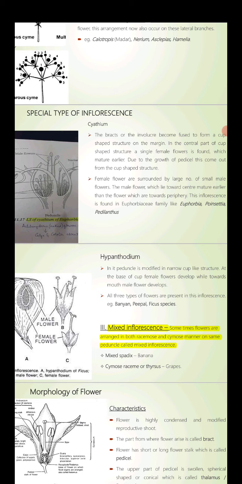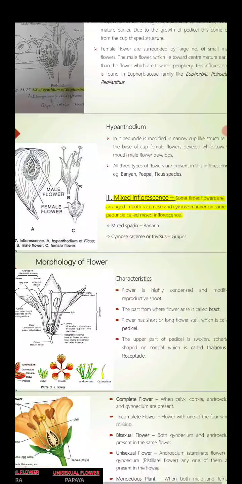Sometimes the flowers are arranged in both racemose and cymose manner on the same peduncle, called the mixed inflorescence. The mixed type, for example, spadix of banana is cymose and racemose in grapes.